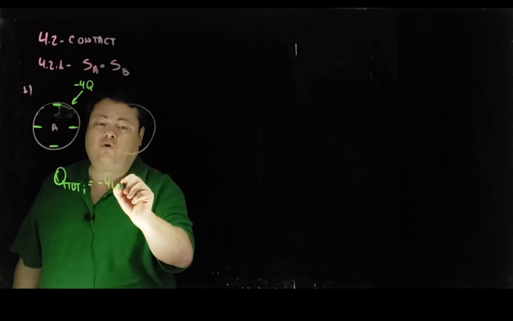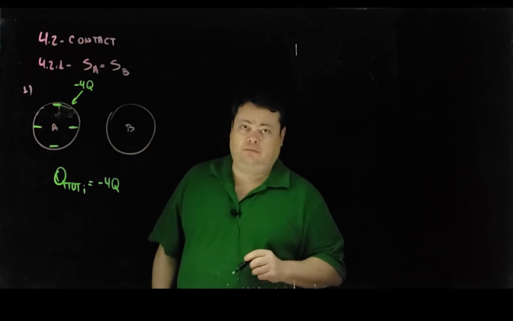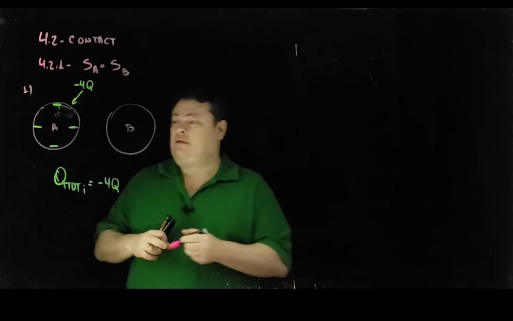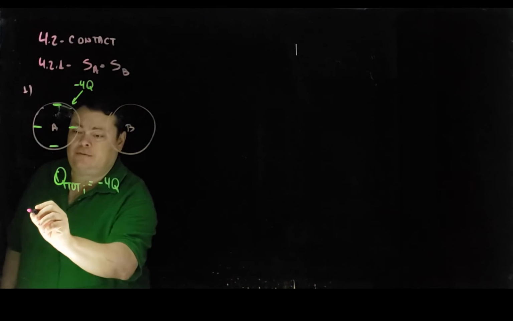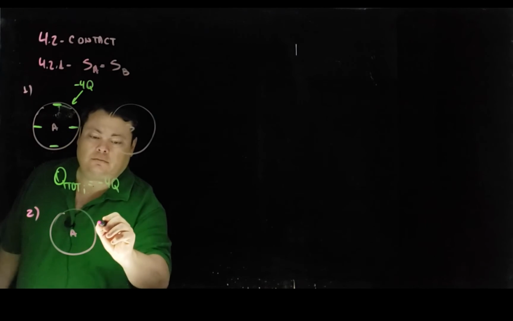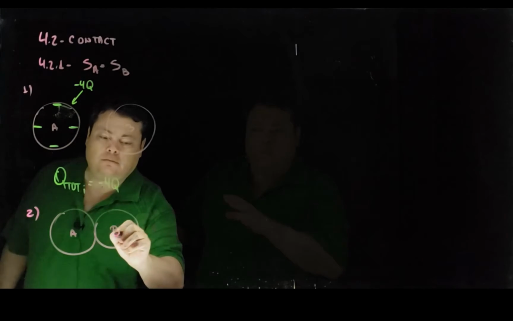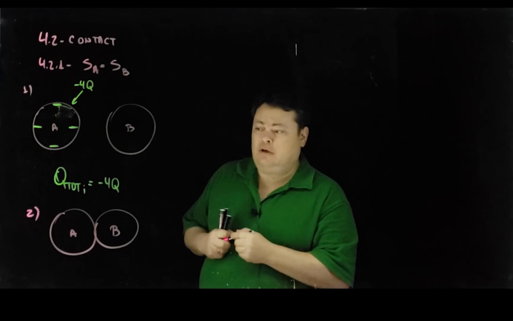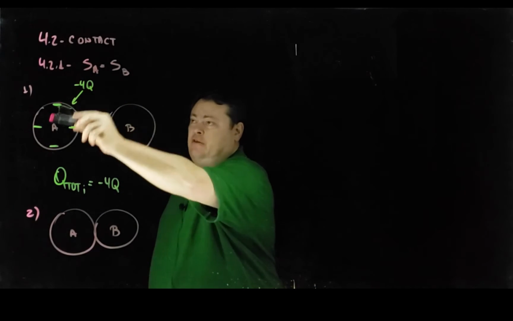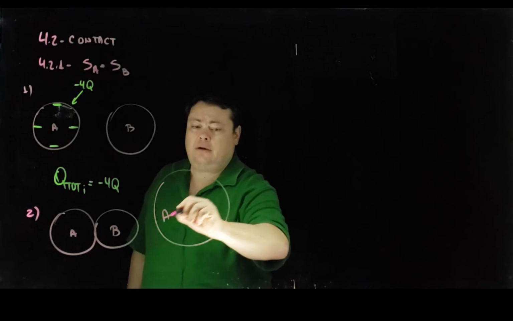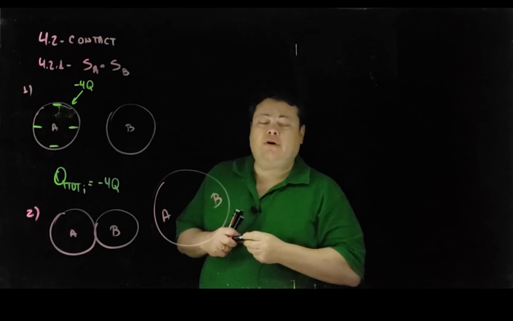So in my step number 2, what I'm going to do is place these two in contact. When I place the two spheres in contact, everything works as if I was giving the electrons a huge object, AB, for them to spread around.